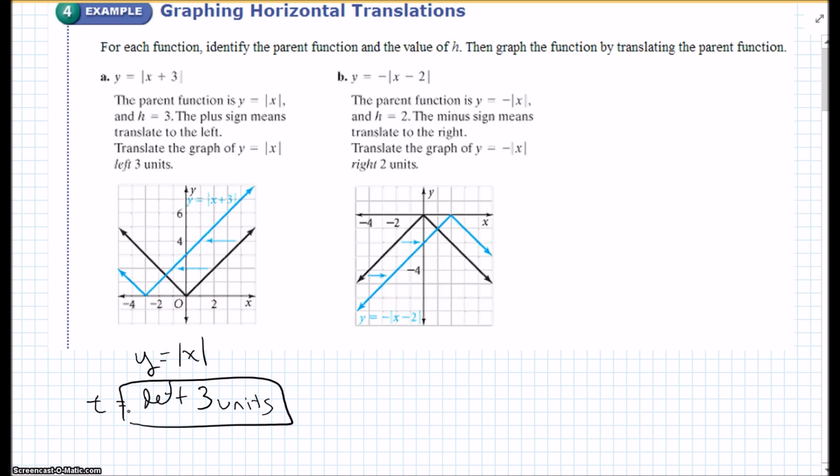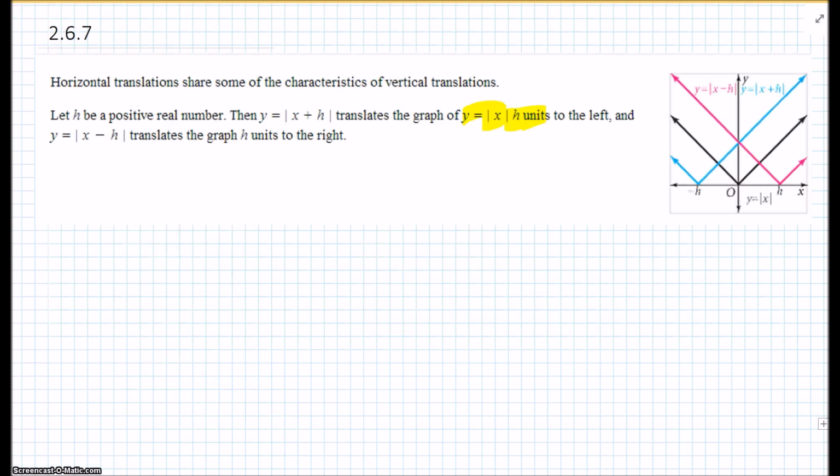Okay, let's look at this one. Y equals negative absolute value of x minus 2. So the parent function is y equals negative absolute value of x.